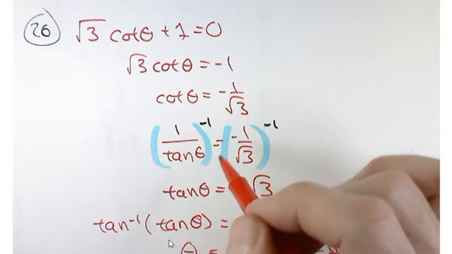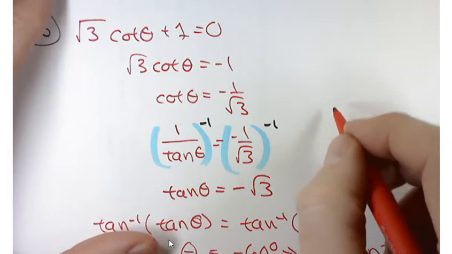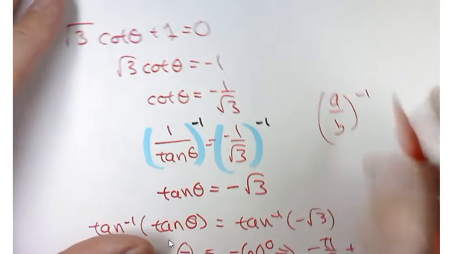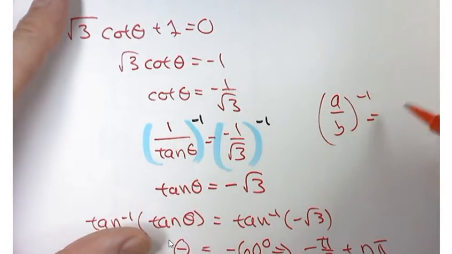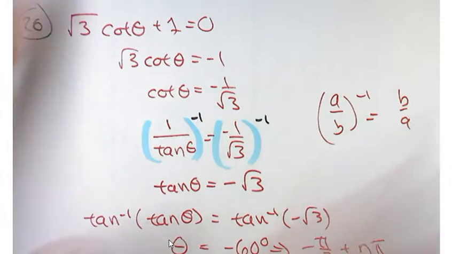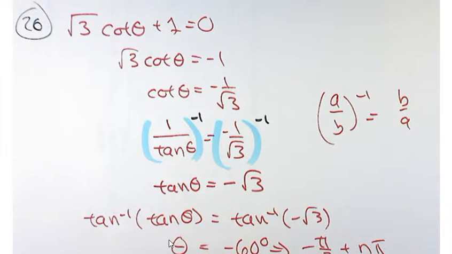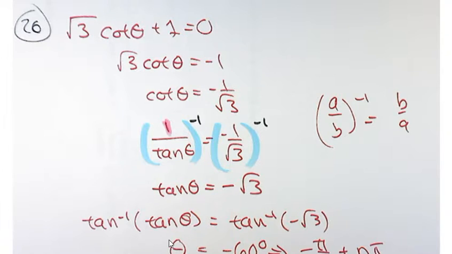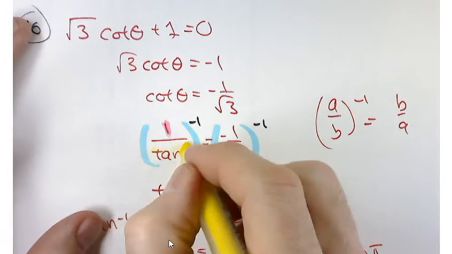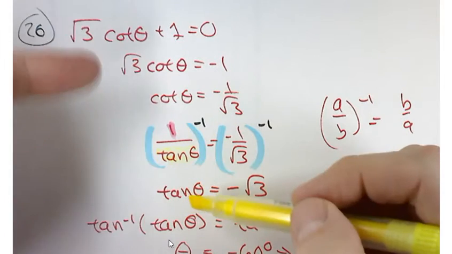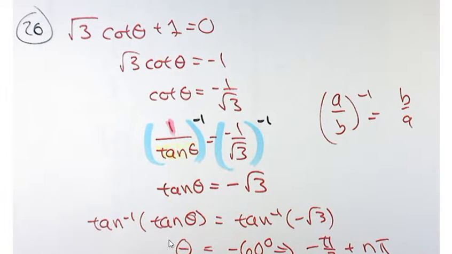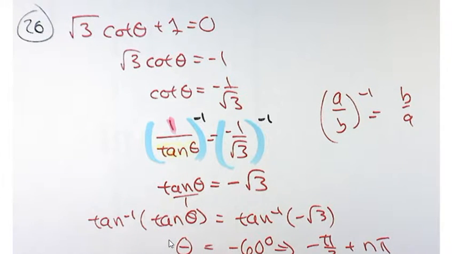So when you have the reciprocal of something, a over b, those things switch sides, right? So you're going to have b over a. On the left-hand side, there's my numerator, and this is my denominator. So when I switch those, technically there's a 1 in the denominator, but I didn't write that.